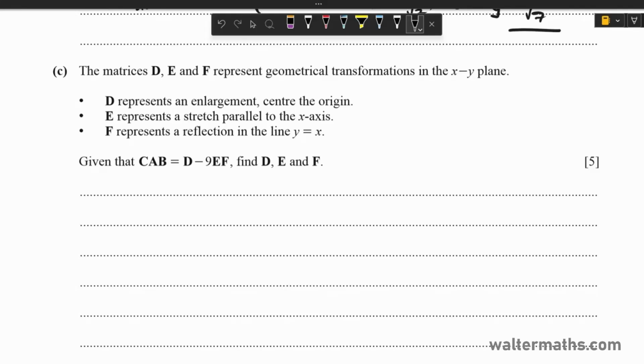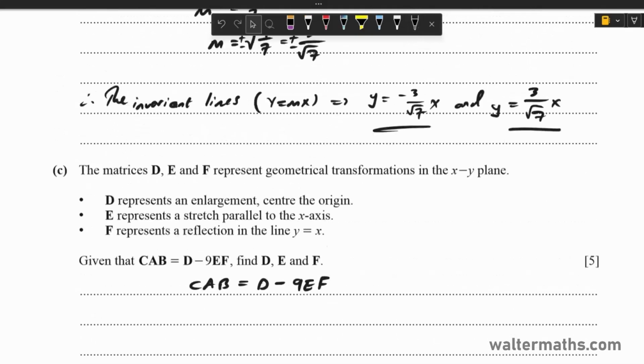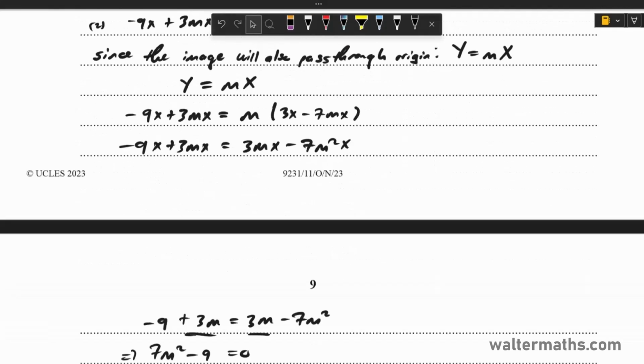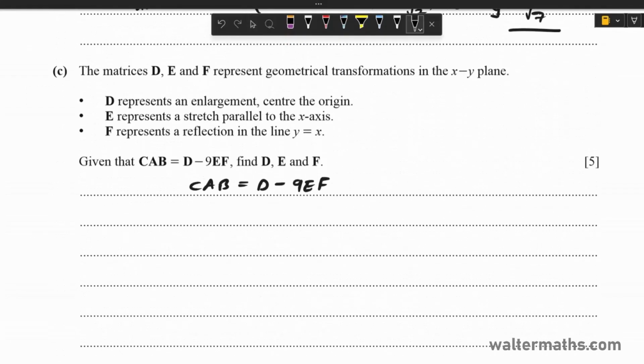Given that CAB is equal to D minus 9EF, find D, E, and F. Now CAB, we got it above to be the matrix 3, minus 7, minus 9, 3. So 3, minus 7, minus 9, 3, is equal to D minus 9EF.